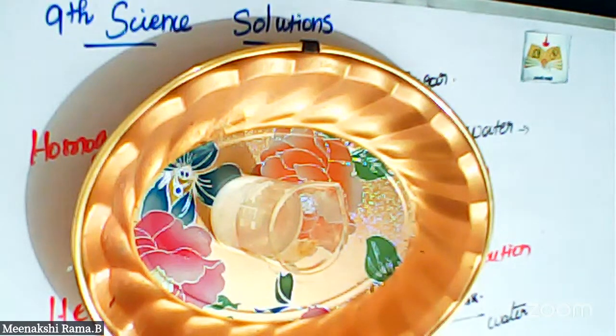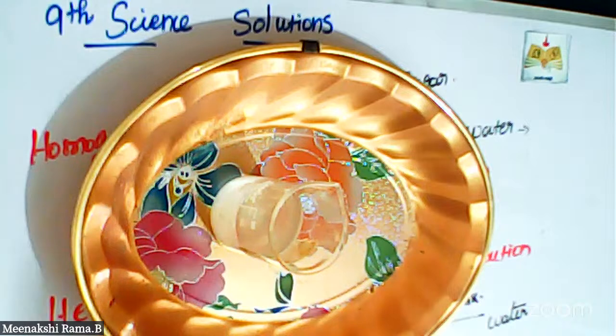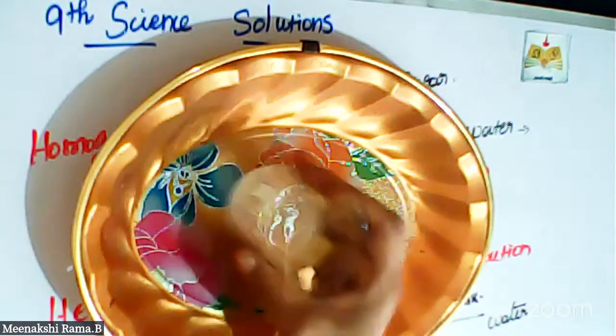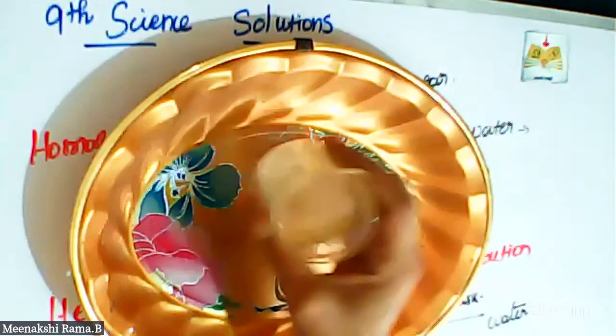Solution which made of one solute and one solvent is called as binary, and then more than two components, that is solute is added in that to solvent, means that is called as ternary solution. And one more example, when we want to prepare lemon juice, means we need solvent. See this beaker. Yes, the sugar also dissolved in this water.